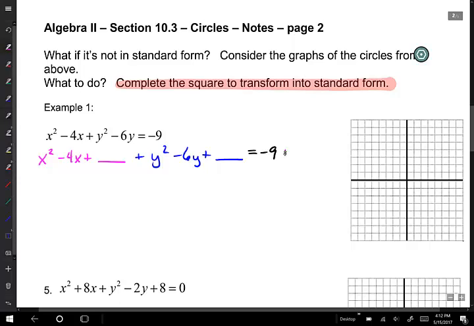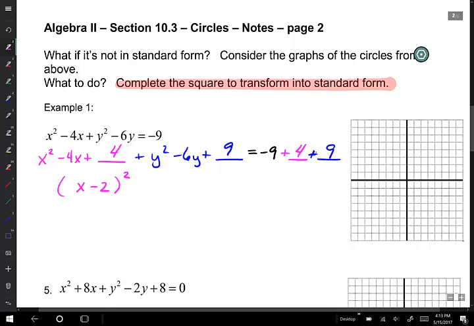But we're going to need to add in the blank from the x squared addition and the blank from the y squared addition. Half of -4 is -2, squared is 4. So we're going to add 4 to both sides on the first blank. Half of -6 is -3, -3 squared is 9, so we're going to add 9 to both sides. Now we're going to write this as binomial squared.